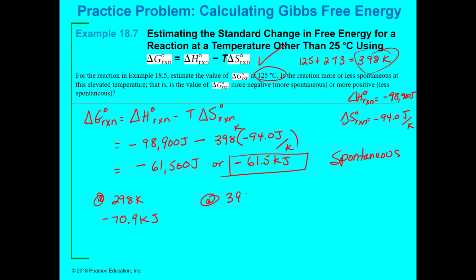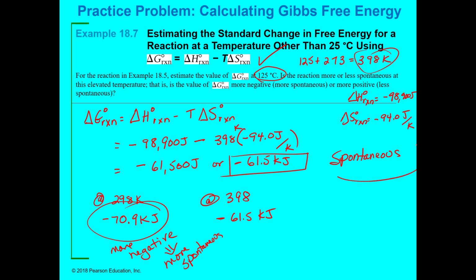At 398, it was a negative 61.5 kilojoules. Since the 298 K value is more negative, it would be more spontaneous than at 398. So that's how that works. If you've got them at different temperatures, you can see which one is the most spontaneous. And that's it for part 4.